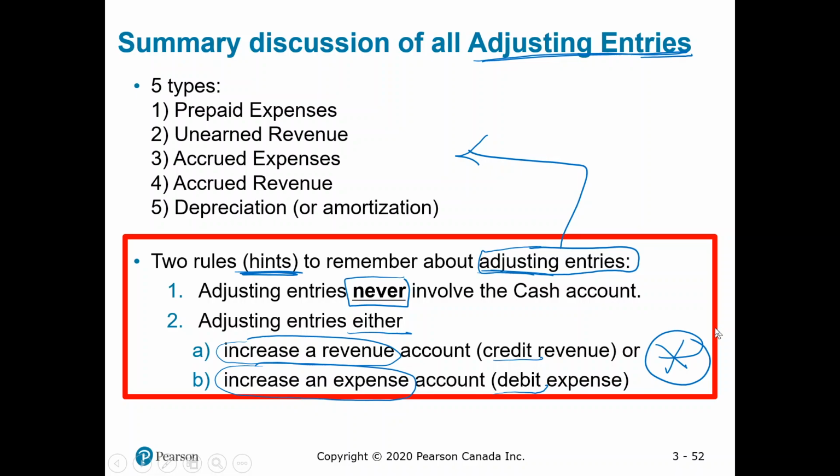Doesn't tell you everything, but it gives you at least a little hint if you're not sure what to record in your entry. Never cash, and it will either increase a revenue or increase an expense. Because we know it's telling us it's time to recognize an expense that's been incurred, or if the revenue's been earned, we need to recognize that. So we're always increasing one of these.